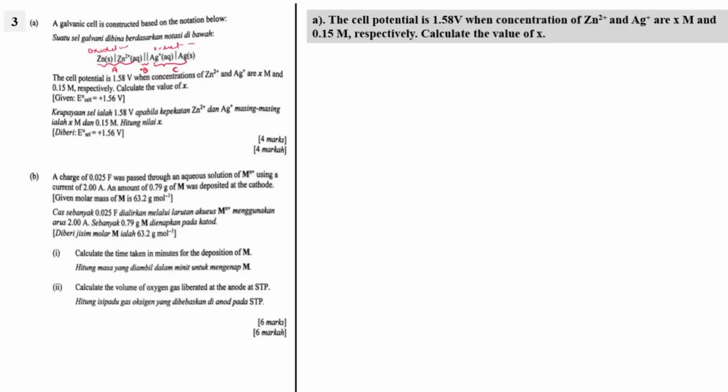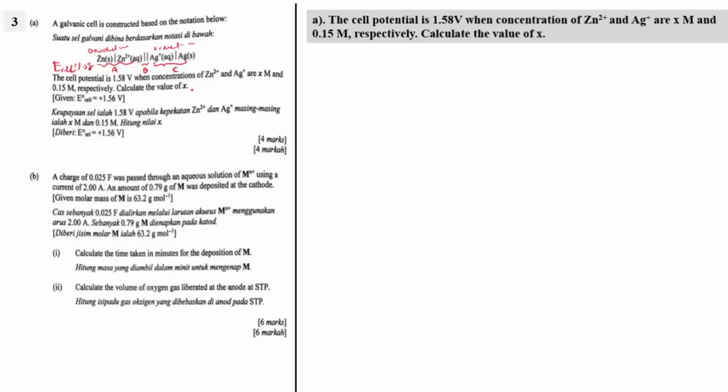So it was mentioned that the cell potential is 1.58 volt. So cell potential is the E cell, 1.58, when the concentrations of the zinc 2 plus and Ag plus are X molar and 0.15 molar respectively.